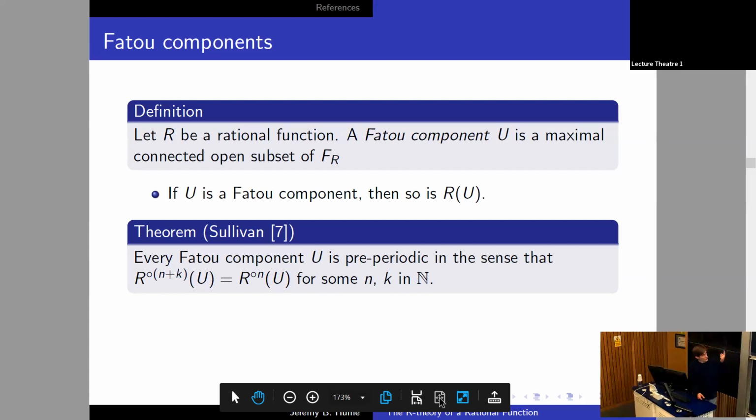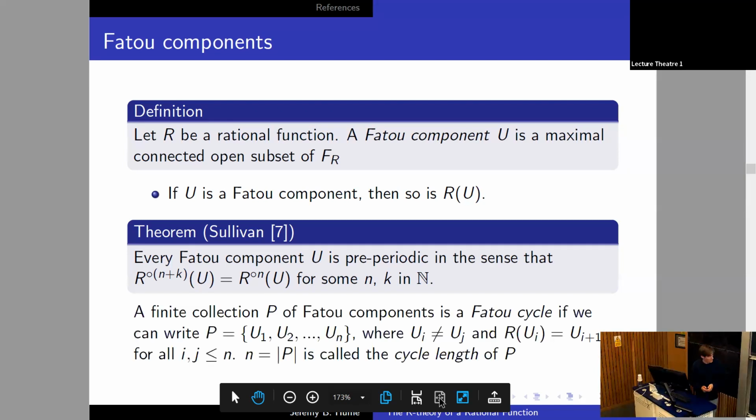And you can show that if U is a Fatou component, then so is its image by R. So this just tells you that the Fatou components are being permuted by R. And what Sullivan shows is that eventually a Fatou component is going to be mapped into a periodic cycle of Fatou components. And such a cycle will be called a Fatou cycle. So it'll just be denoted by P, and it'll be a finite collection of Fatou components that are being cyclically permuted. And we'll denote absolute value P to be the length of that cycle.